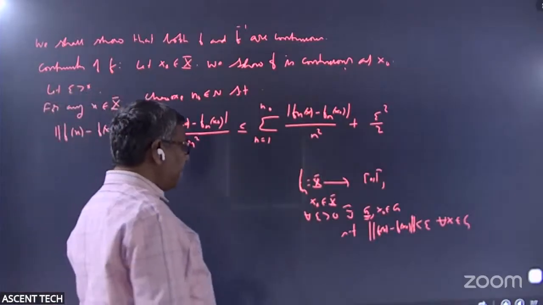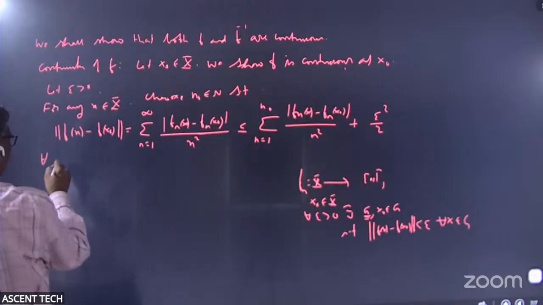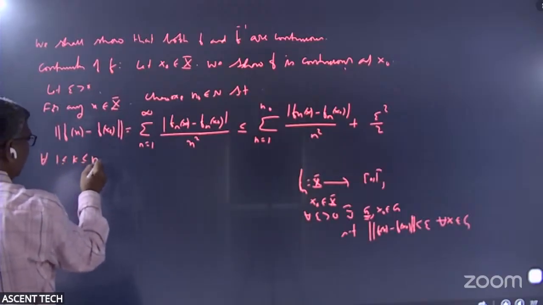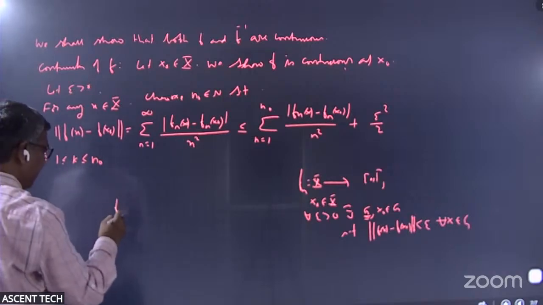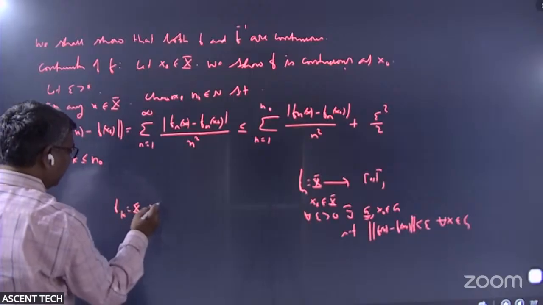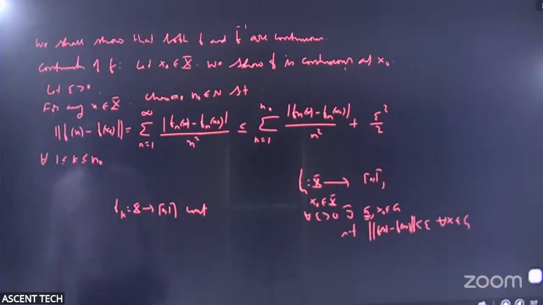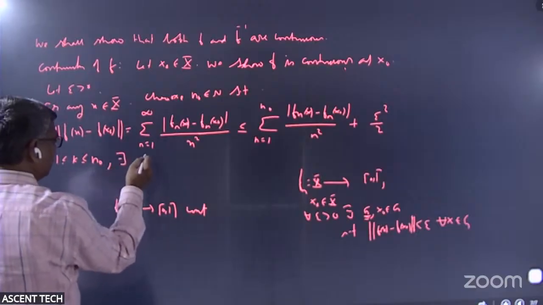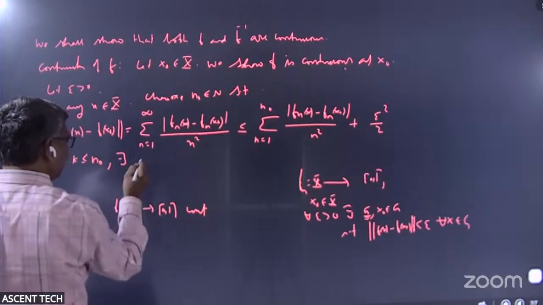Okay, and so for each k with 1 less than or equal to k less than or equal to n naught, this fk of x, remember, is continuous. So there exists an open set Gk.